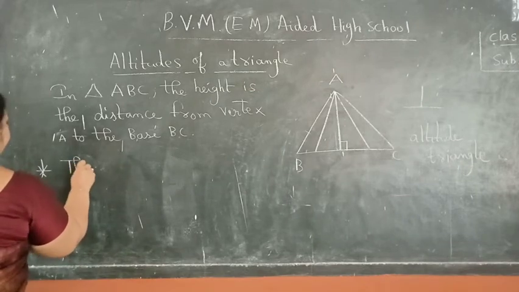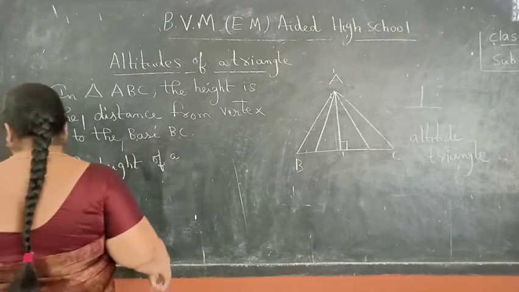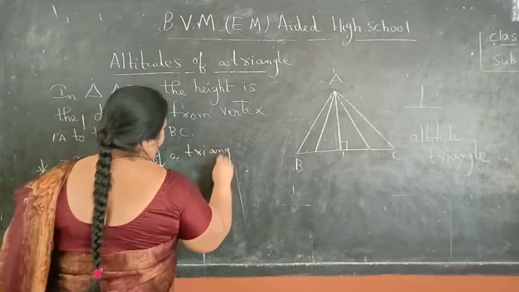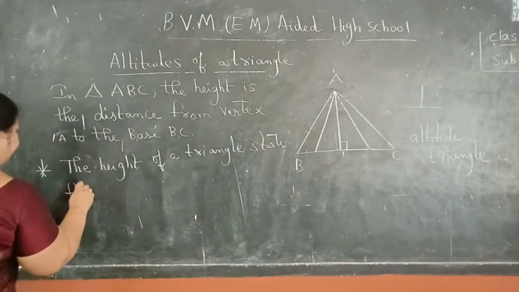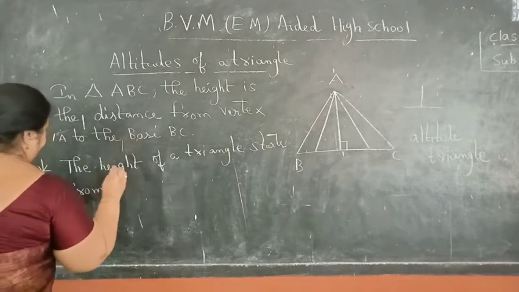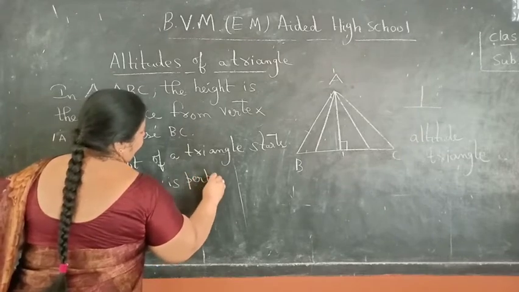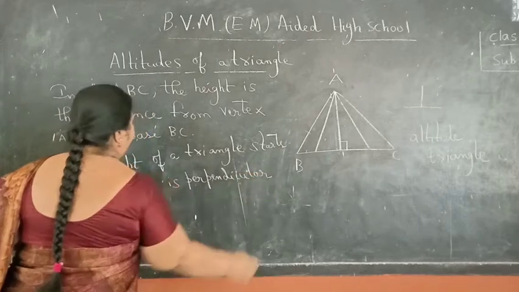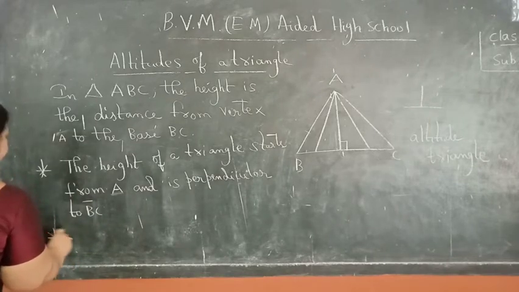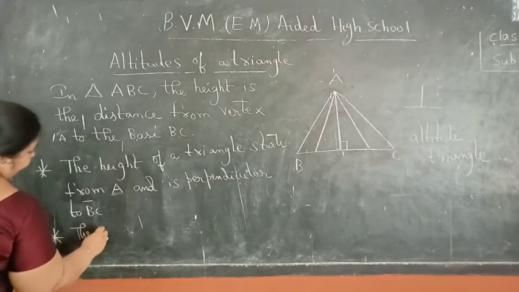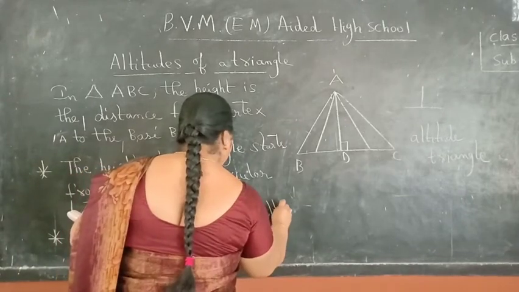The correct height of a triangle starts from A and is perpendicular to BC.